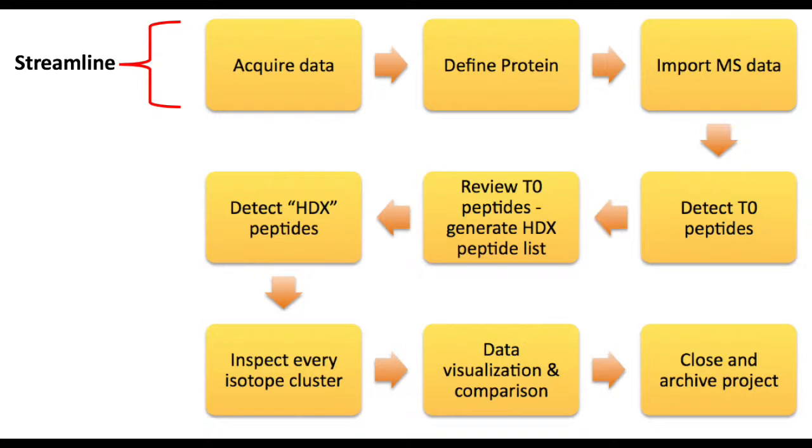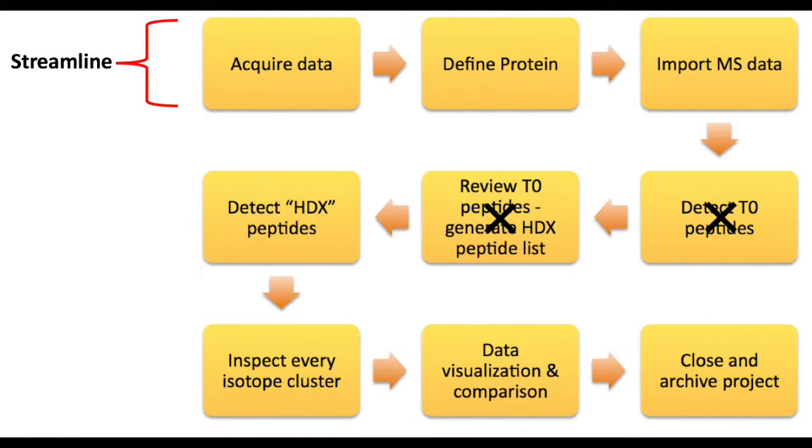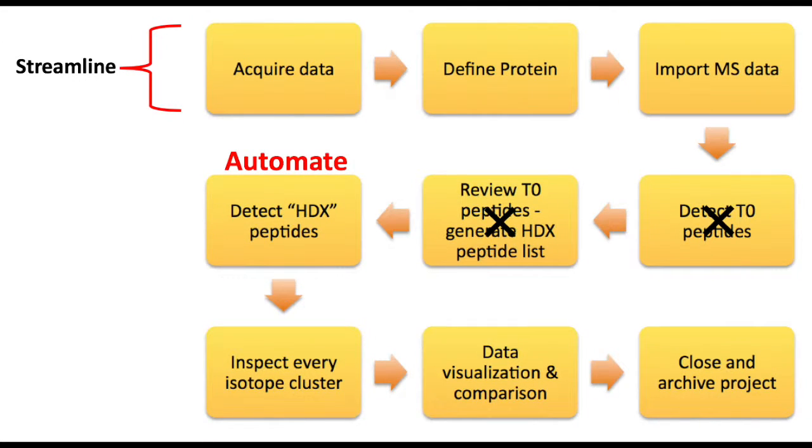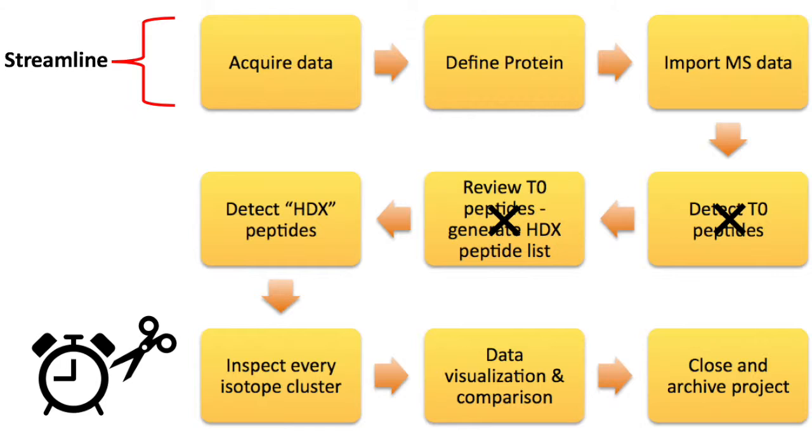We also allow the bypassing of the T0 detect for all subsequent experiments and automate the HDX on-exchange detect jobs running sequentially without user input. By combining these approaches, we can easily cut our time of analysis in half.